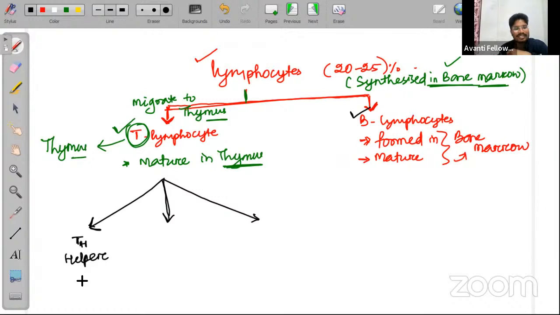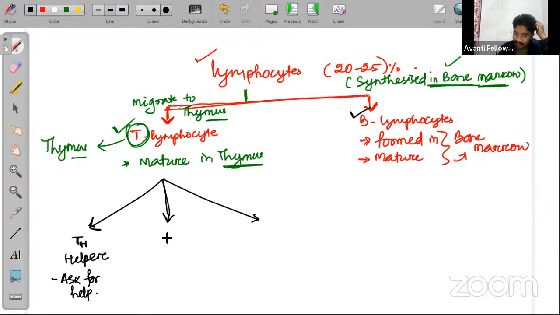The T helper cell will ask for help to other cell during the time of infection. जब कोई भी पैथोजन आएगा, इन्फेक्शन होगा, at that time it goes and asks for help from other cell. Okay, right?